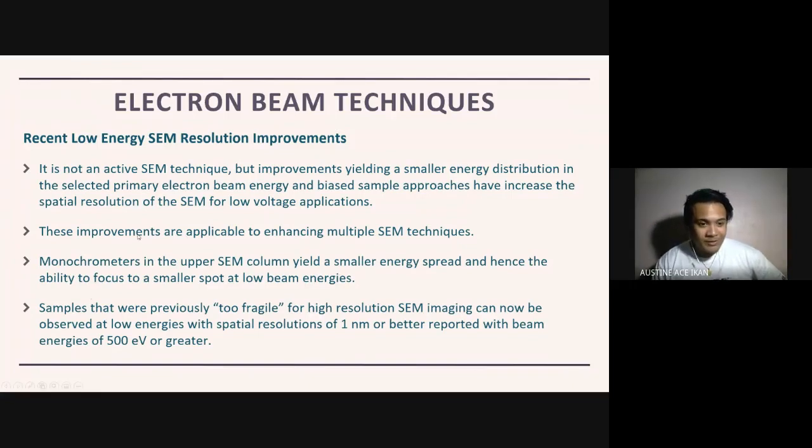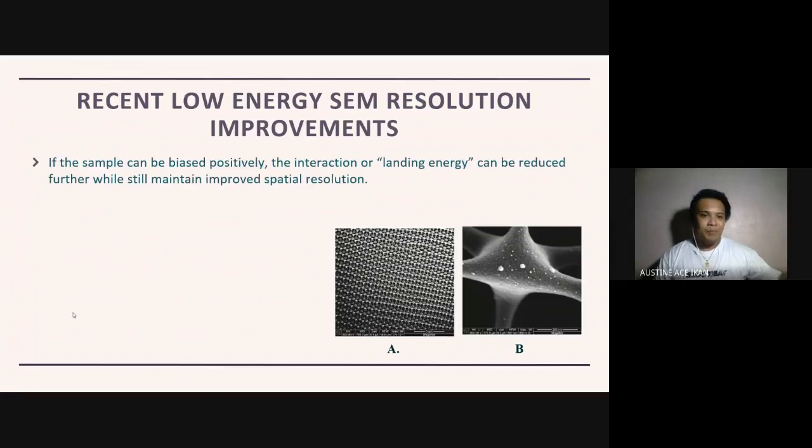So therefore, the samples that were previously too fragile for higher resolution SEM imaging can now be observed at low energies with a spatial resolution of 1 nm or better reported with beam energies of 500 electron volts or greater. The next is the recent low energy SEM resolution.